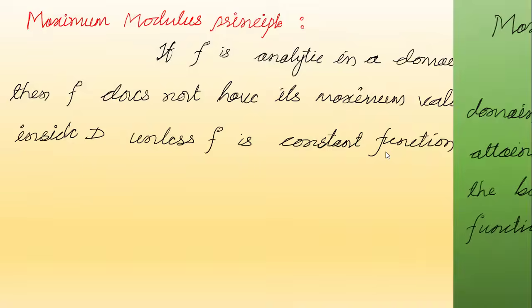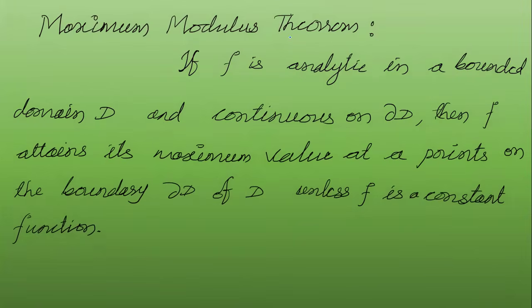Next, maximum modulus theorem. If f is analytic in a bounded domain D and continuous on the boundary of D, then f attains its maximum value at the points on the boundary of D unless f is a constant function.